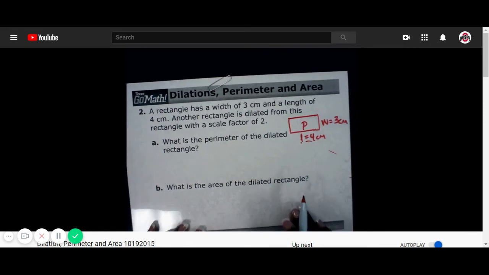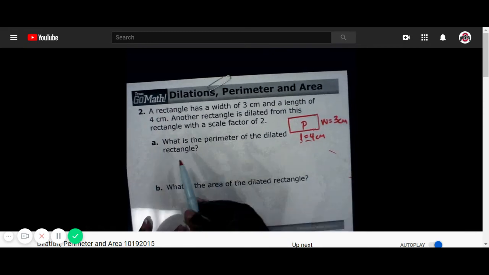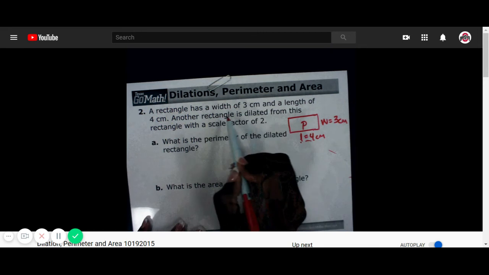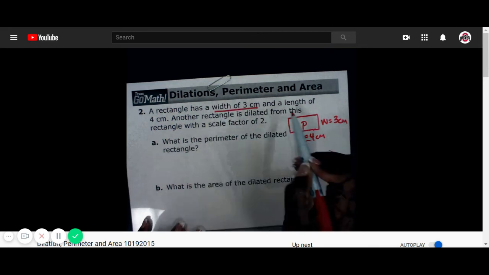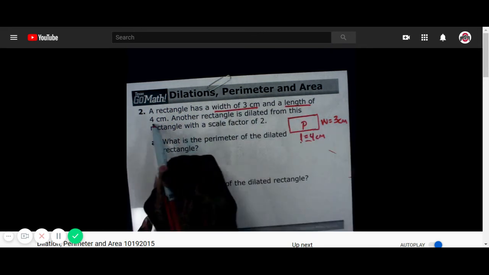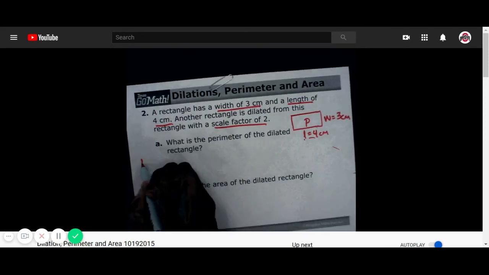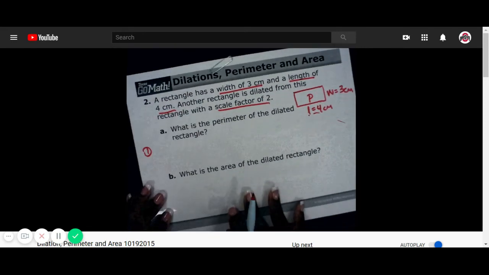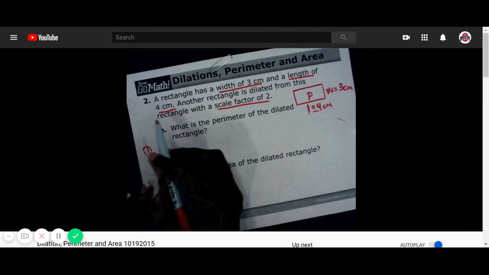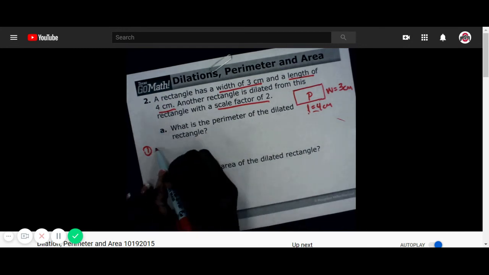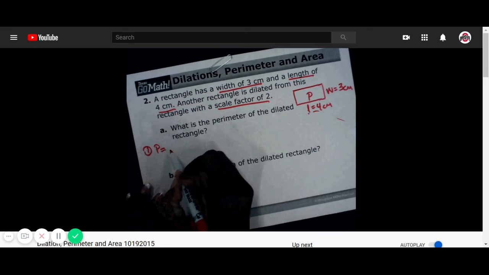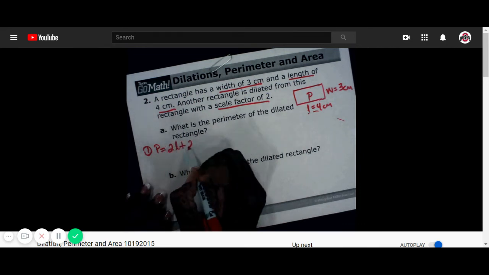So 3 centimeters is our width, and then we have a scale factor of 2. So the first thing that we want to do is find the perimeter of our pre-image. So we're going to use P equaling 2L plus 2W.